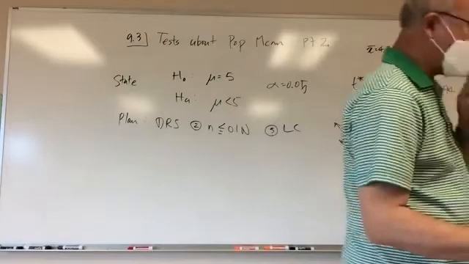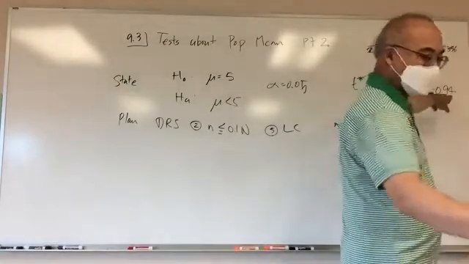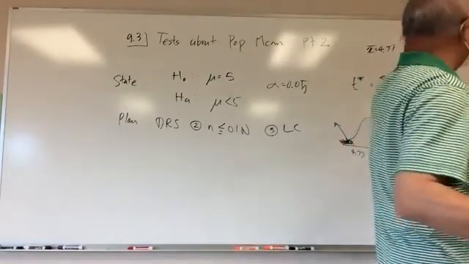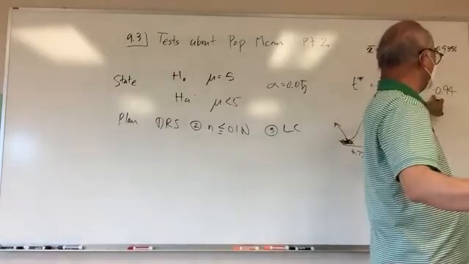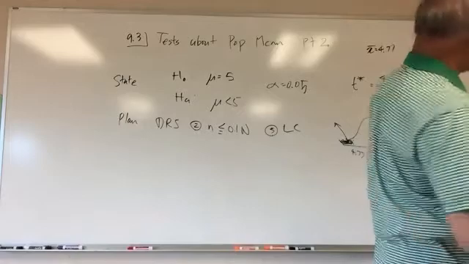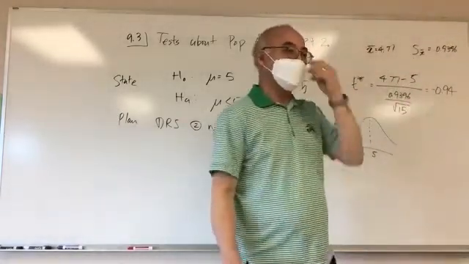Okay, so with tcdf, the first one you're going to put in is negative 100, then negative 0.94 with 14 degrees of freedom, right? Degrees of freedom is 14.